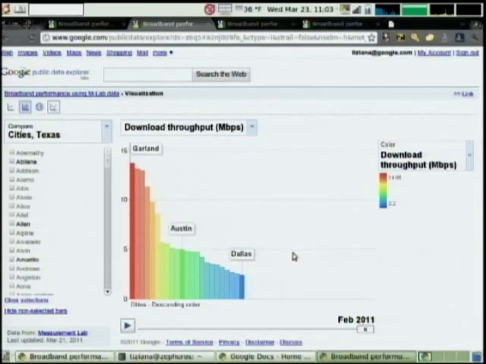You know, one thing that I would almost hope is that the researchers who will use these tools to explain the information will make their conclusions more visible to the public. This could stimulate a certain amount of interest, for example, in Dallas to say, how come we don't have the same kind of capacity that Garland, Texas has?